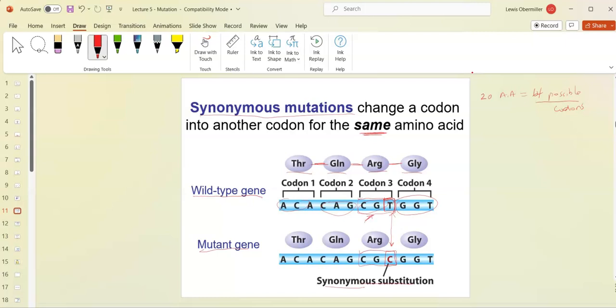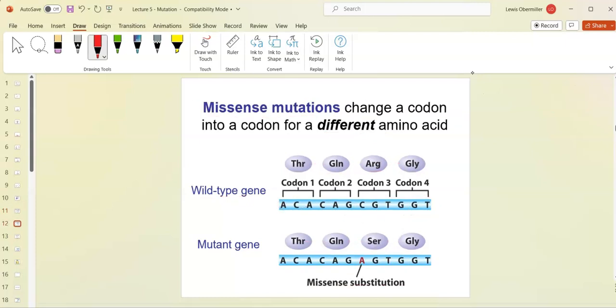This three-letter code also codes for arginine. Because they're the same amino acid, the protein structure doesn't change. And so this is a mutation that's not really going to affect anything like color or height or anything like that. But it still is considered a mutation on the DNA level, even though it doesn't change anything. And that's why it's called synonymous.